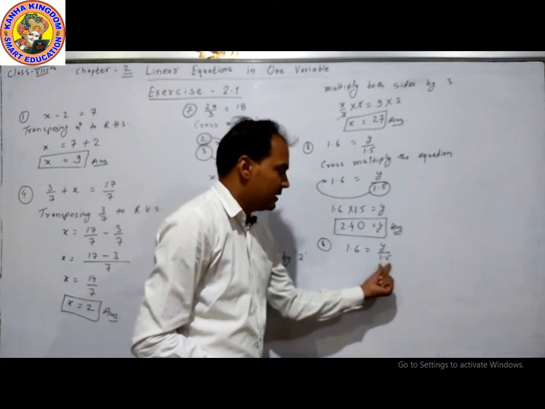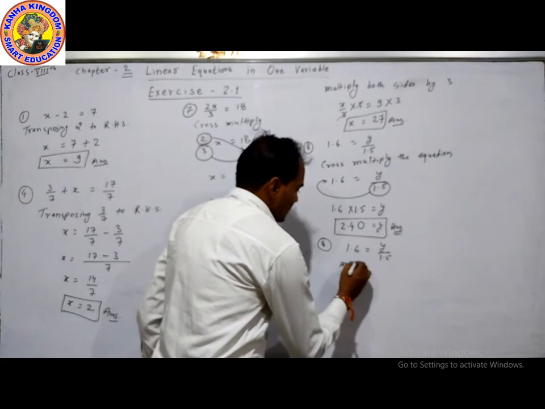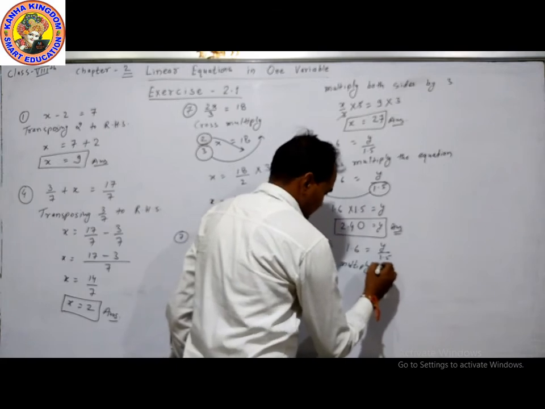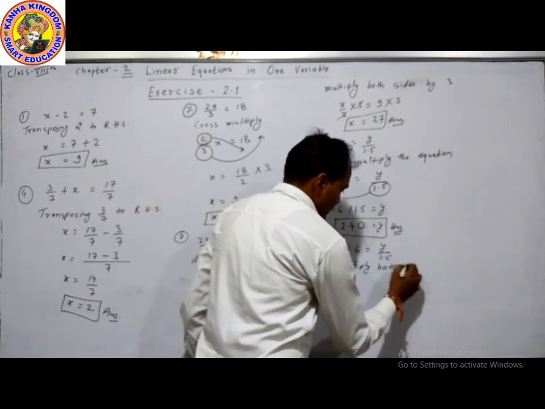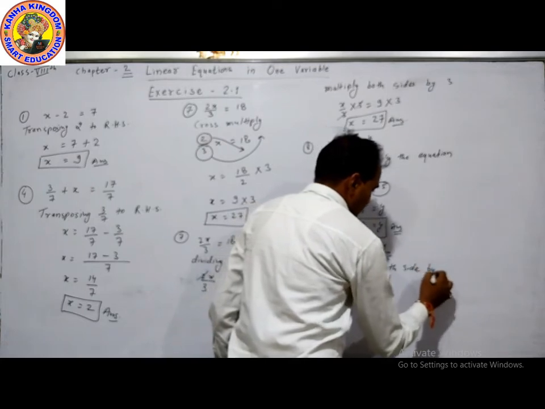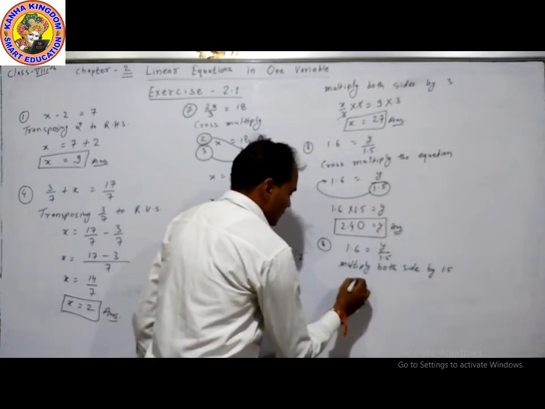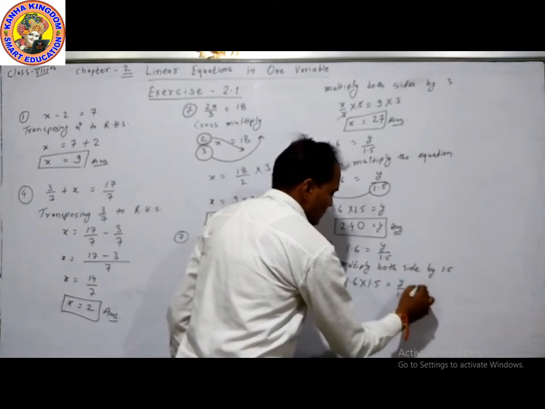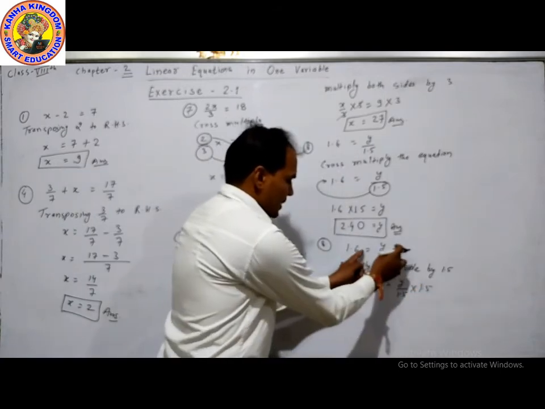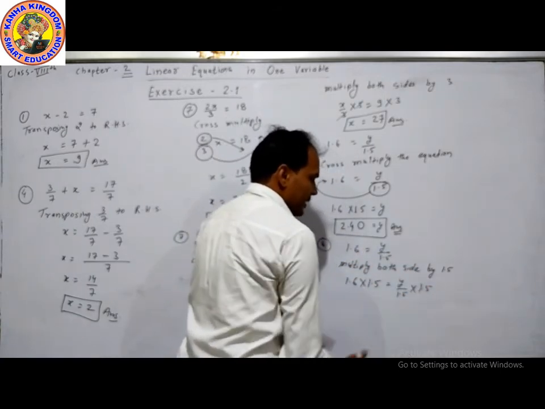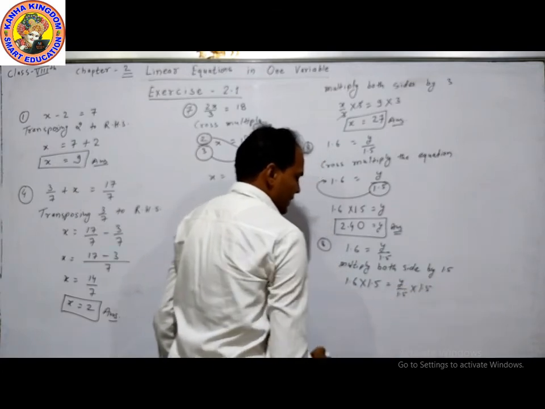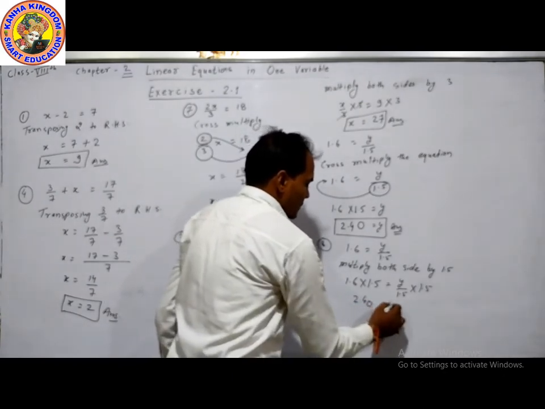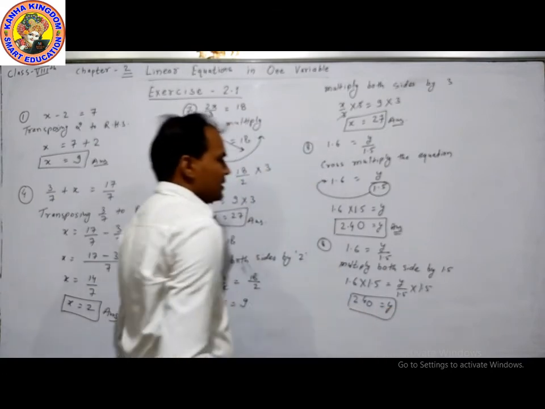We have to multiply this term, multiply both sides by 1.5. 1.6 multiply by 1.5 is equal to y upon 1.5 multiply by 1.5. Both terms are multiplied by 1.5. Here 1.5 cancels out and this multiplication answer is 2.40, equal to y. This is our answer.